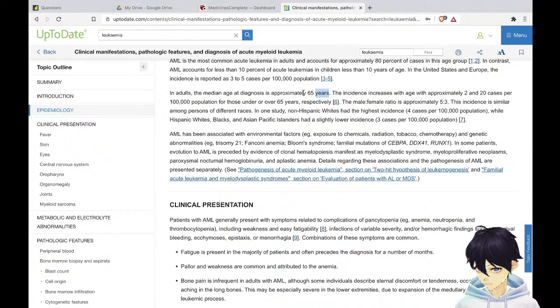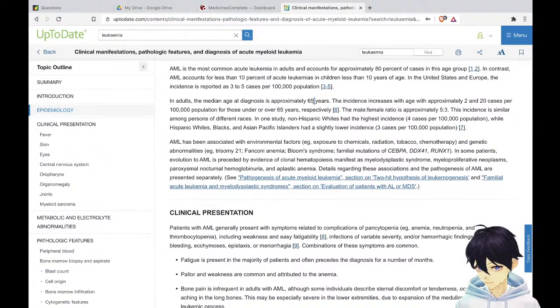So it's an older age group kind of leukemia. Median age at diagnosis is 65.